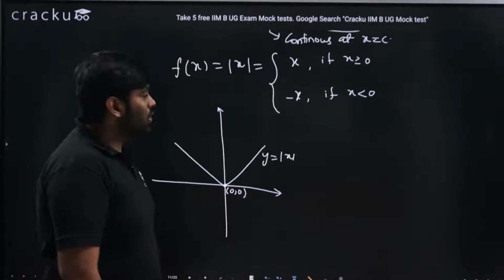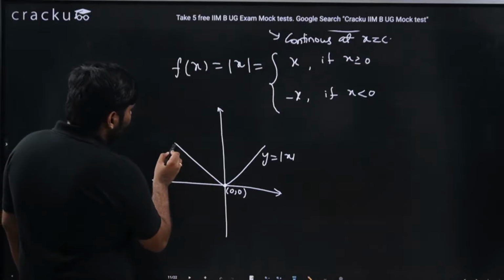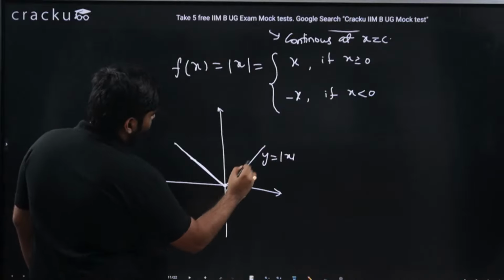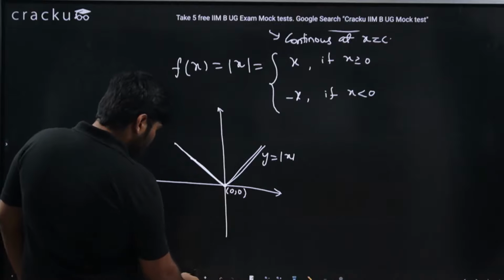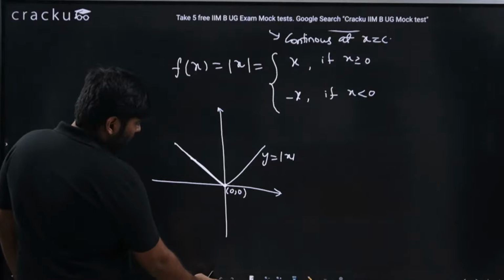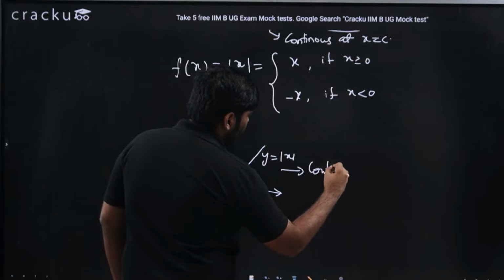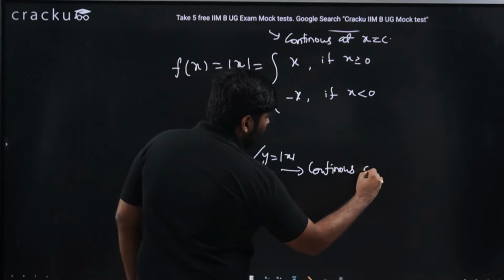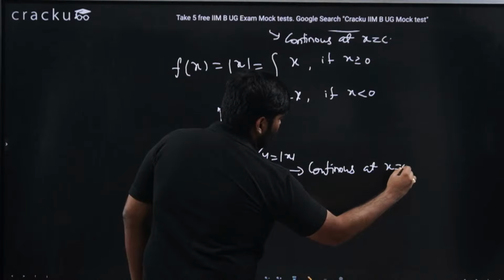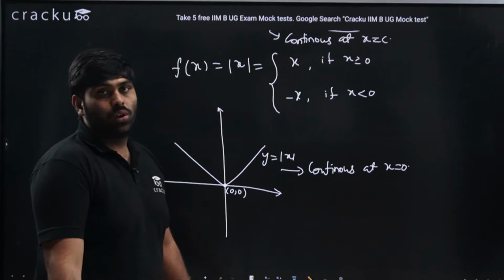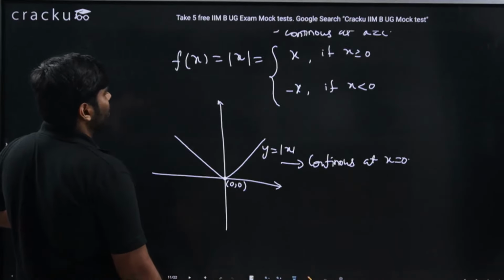It is definitely continuous because the graph can be drawn without lifting the pen, that is y equal to minus x and y equal to x. So this graph is continuous at x equal to 0. But I will prove that it is not differentiable at x equal to 0.